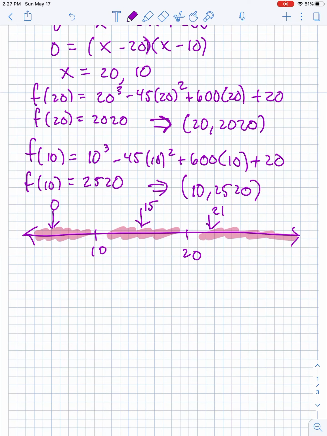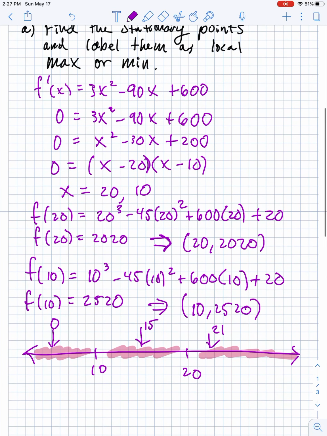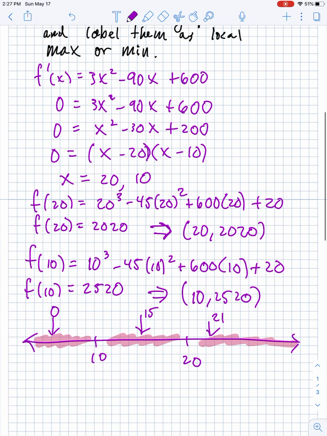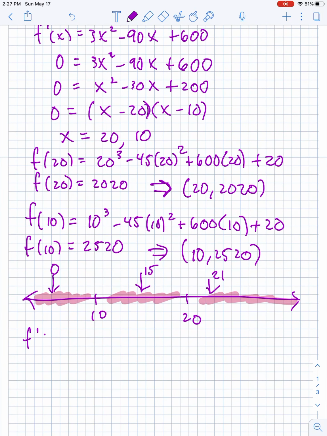Now, 0, 15, and 21, we're not plugging into the OG equation. We're plugging it into the derivative because we need to know what the slopes of the tangents are doing in those zones. So the derivative is f prime of something is equal to 3 times something squared minus 90 times something plus 600. Put a 0 in there, and you definitely get a positive number.